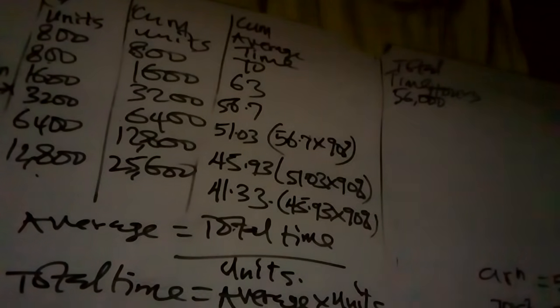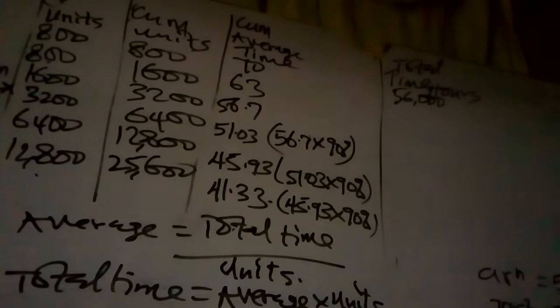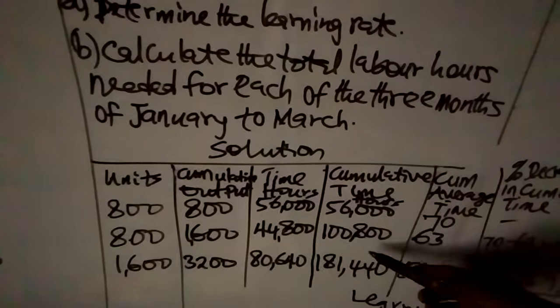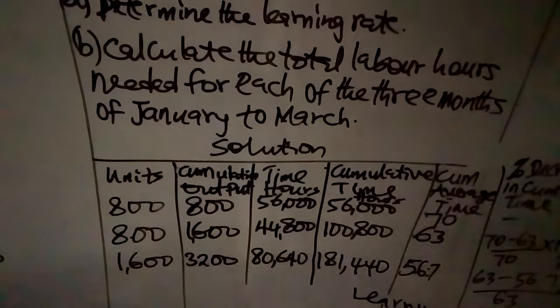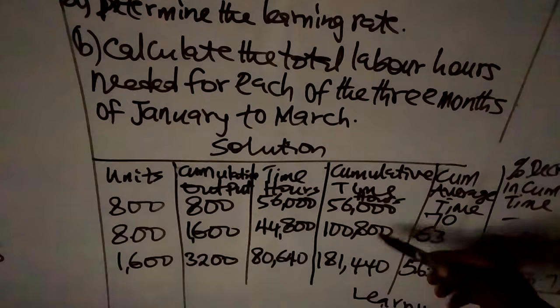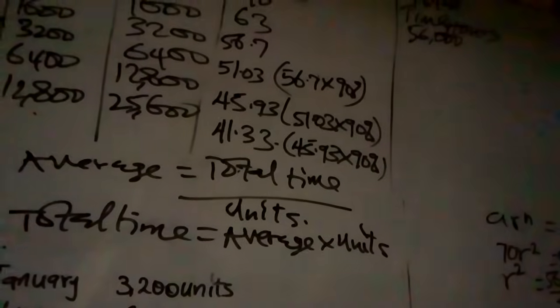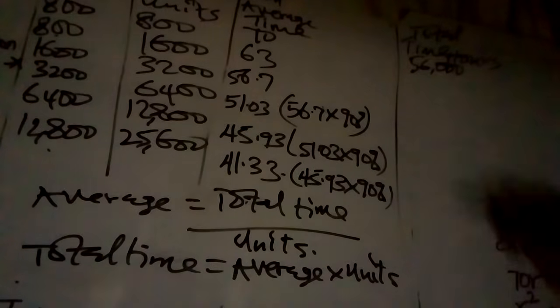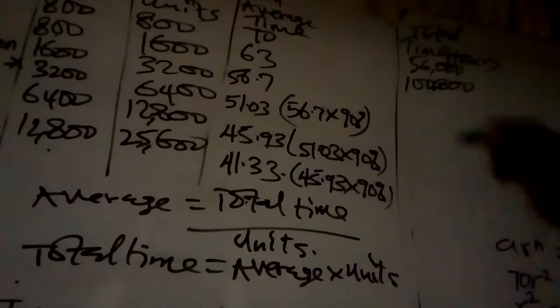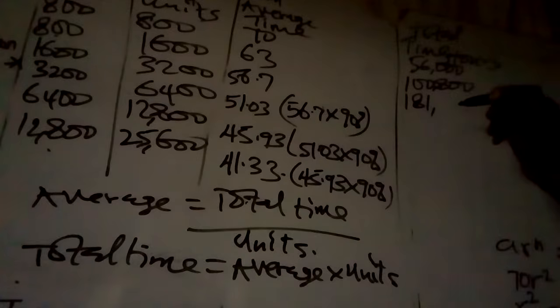For the second, the cumulative total time as calculated from our first working, we have 100,800, and the third one is 181,440. So now let's insert that: 100,800 and 181,440.